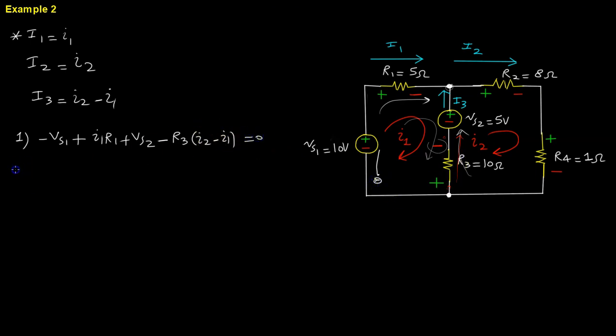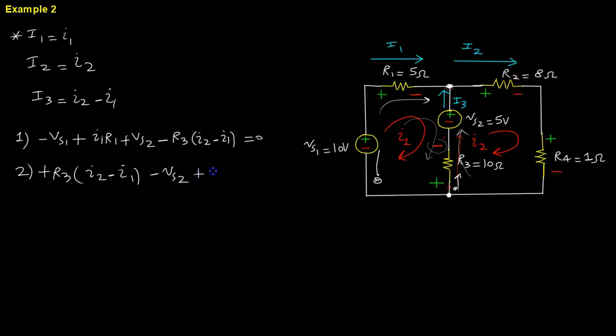Now let's go to the second mesh, and I'm going to start down here again. As I go upwards, I see a positive sign, R3. The current again is I2 minus I1. I continue to go up and I see a minus VS2. I continue to go up and right clockwise.